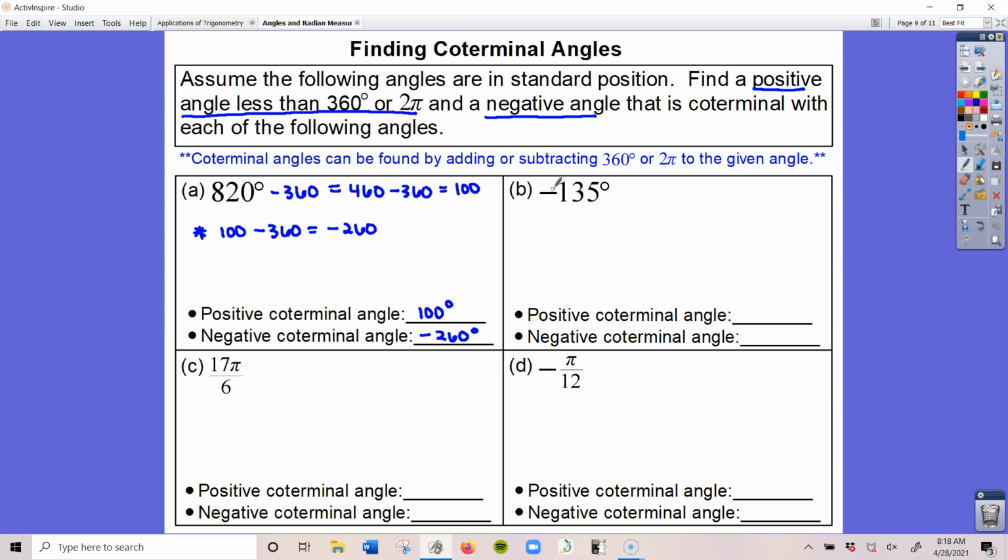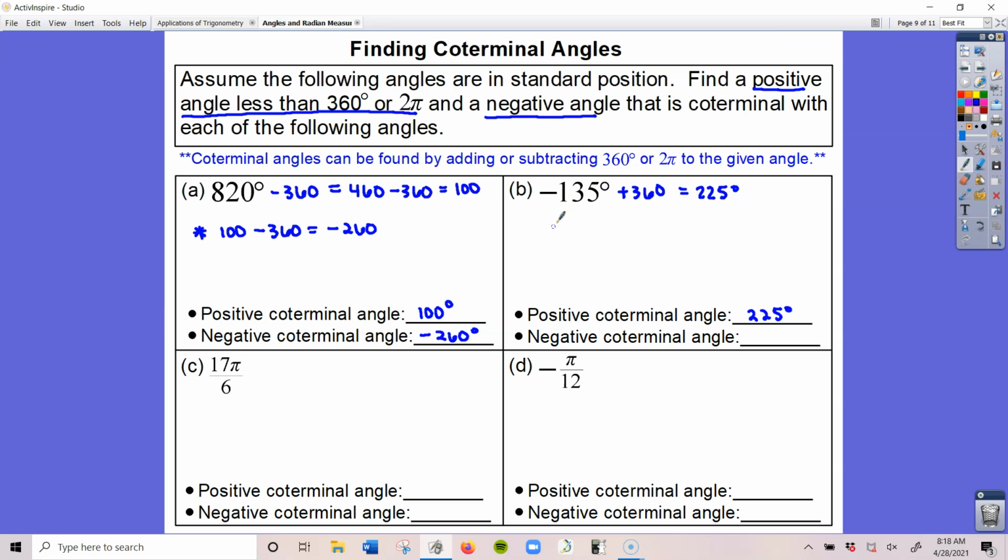Now here we want to find a positive and negative coterminal angle to negative 135. In order to find the positive coterminal angle, because this is negative, we're going to add 360. And negative 135 plus 360 is 225. So that would be my positive coterminal angle.